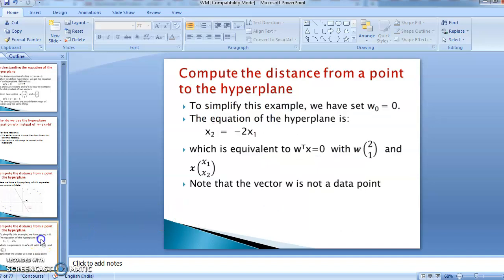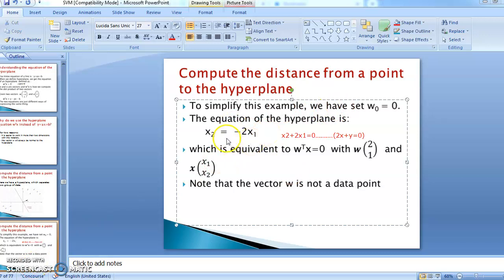Whatever the equation is, first of all write that equation. If we simplify it, x2 + 2x1 = 0. If we consider x1 as x and x2 as y, then the equation is 2x + y = 0.